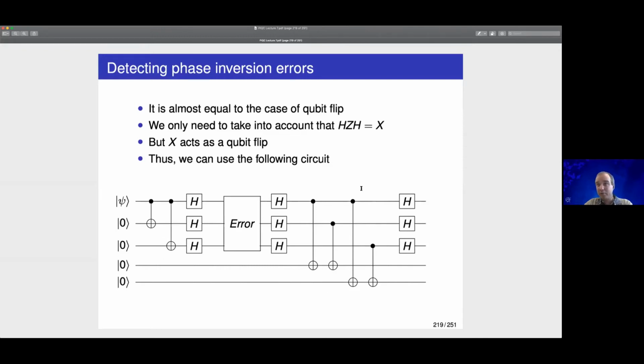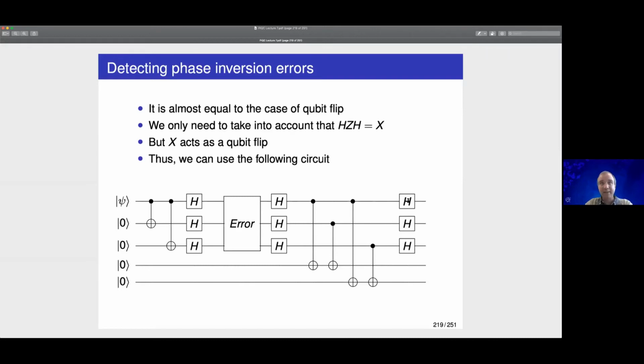So then we can use exactly the same syndrome that we used in order to protect against X errors, against qubit flips, and then we can detect the syndrome here, correct the syndrome, and then restore everything back to the plus plus plus minus minus coding that we were using.